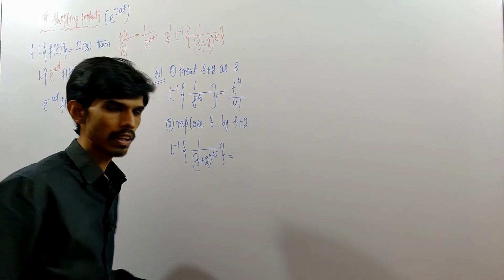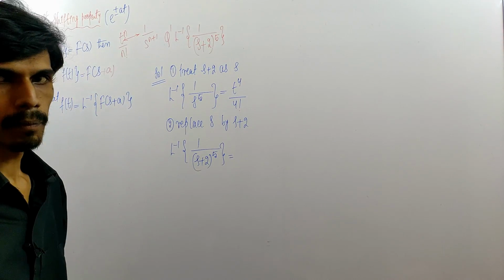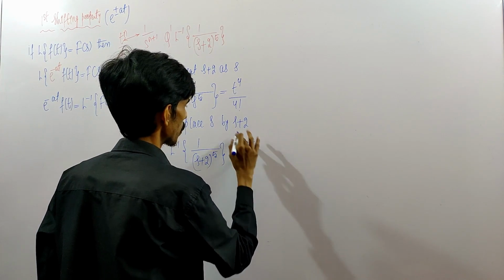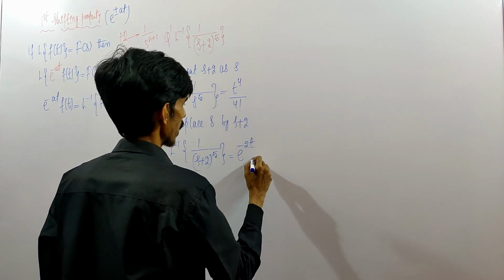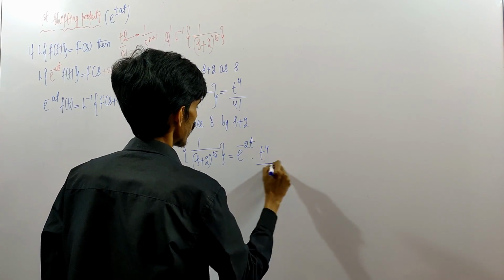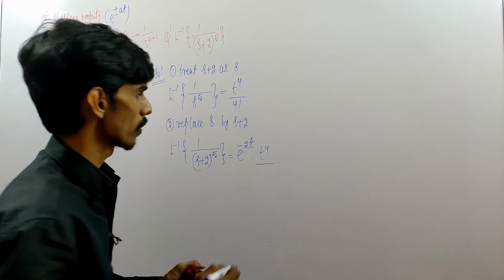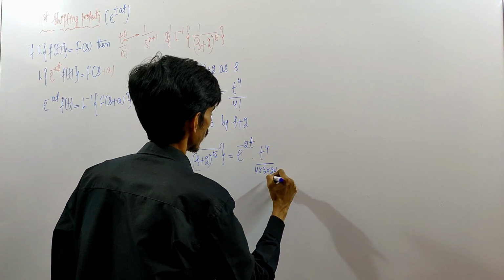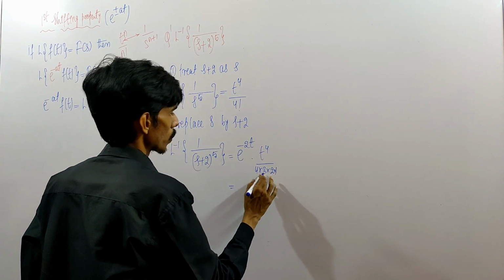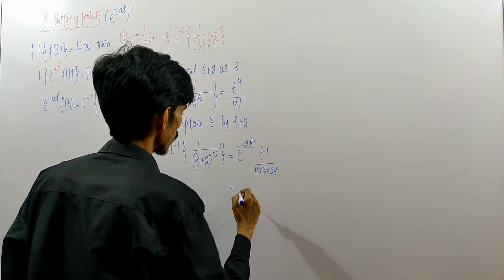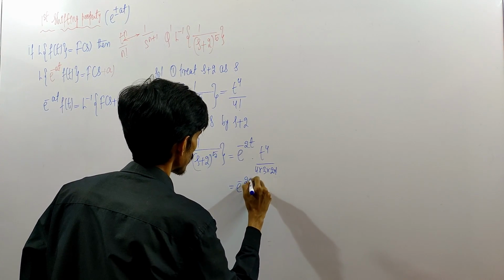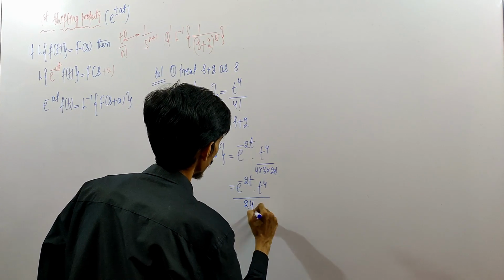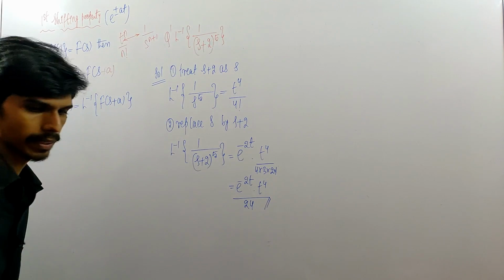Here in the time domain function, we will get an exponential function, that is e power of minus 2t due to this s plus 2, into t power of 4 divided by 4 factorial. 4 factorial is 4 into 3 into 2 into 1. So 4 3s are 12, 12 2s are 24. So we will get e power of minus 2t into t power of 4 divided by 24 as the answer for this question.